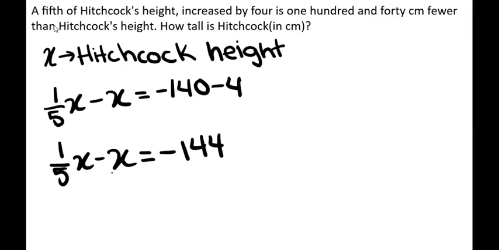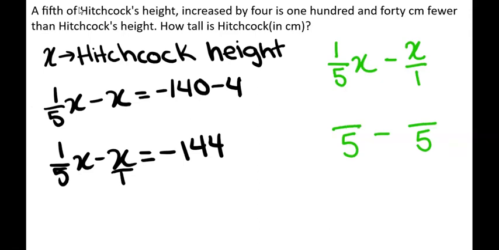And here we'll put the x over 1. In order to subtract these two fractions on the left side of the equation, we have to make the denominators the same. So right here, I'll write down 1 over 5x minus x over 1. Our first step to make the denominators the same is to multiply the denominators. 5 times 1 is equal to 5.